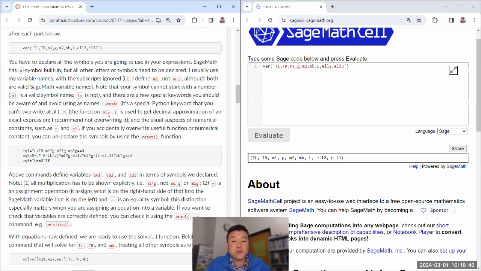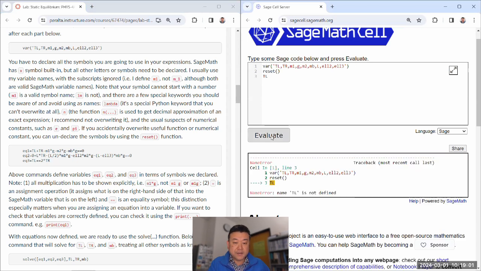If you accidentally override a useful function or numerical constant, you can undeclare symbols by using the reset function. So here, for example, with the variables declared, if I type in TL, it recognizes it as a declared symbol. But if I reset it before I do that, then it'll error out, so it doesn't know what TL is.